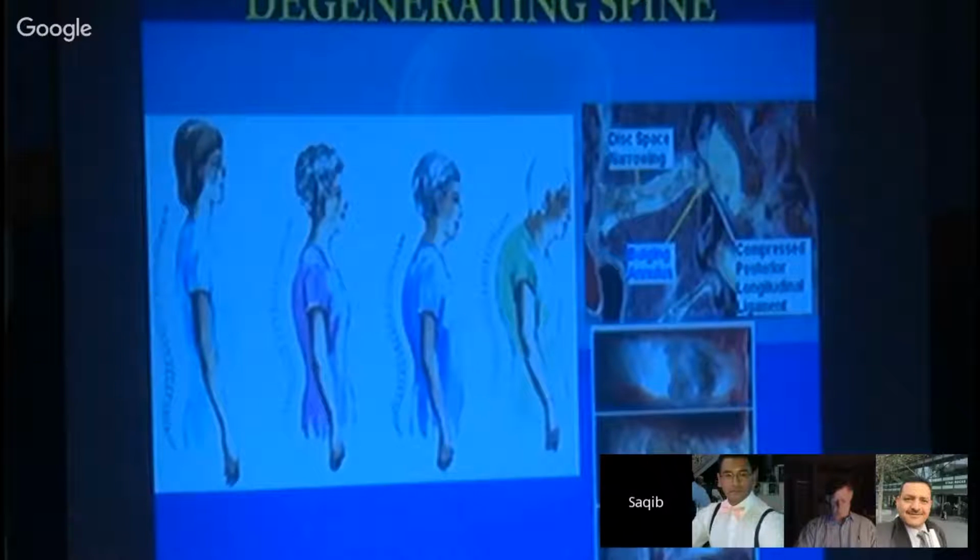You will see also buckling of the ligaments. You will see osteophyte formation, and this will result in a narrow canal and all the problems because of that. And this will finally result in this shape for all of us.